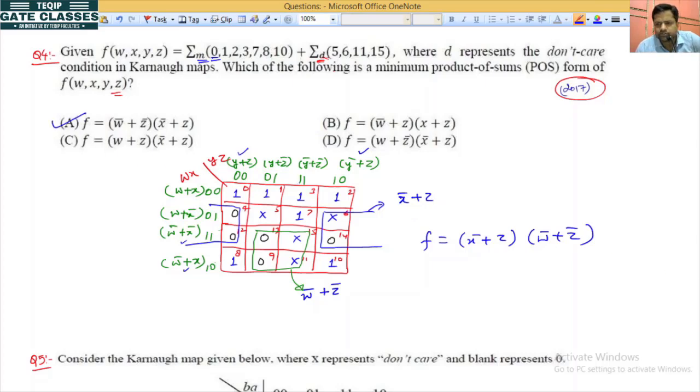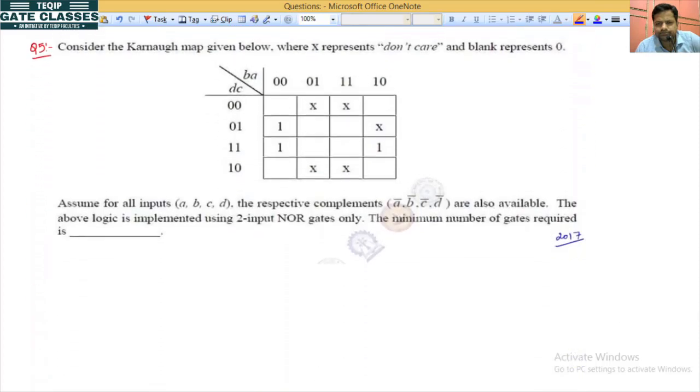Okay? It is a 2017 question. In question number 5, consider the K-map given below, where x represents don't care and blank represents 0. Whether they write it or not, blank represents 0, you have to know that. Assume for all inputs A, B, C, D, the respective complements are also given.